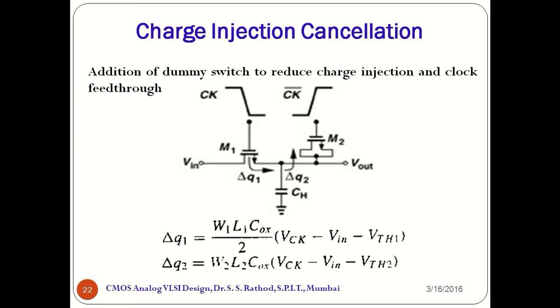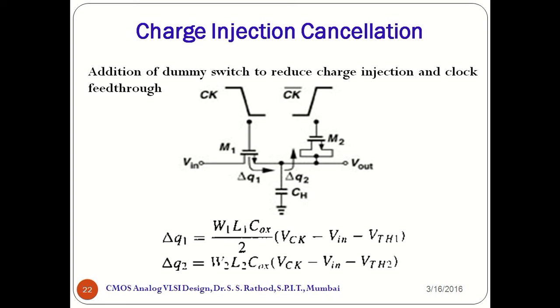So the channel charge deposited by M1 on CH will be absorbed by dummy switch M2 to create a channel. Here note that both the source and drain of M2 are connected to the output node.